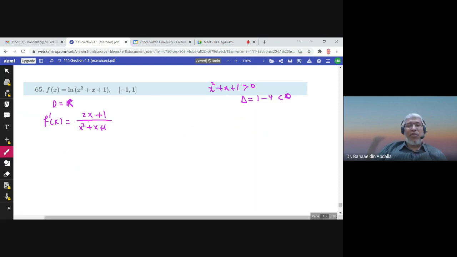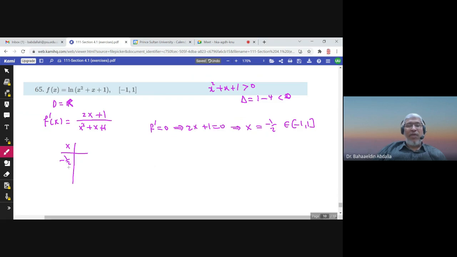I can see where it does not exist, the zeros of the denominator, but there are no zeros of the denominator. It has no real zeros. But f prime can be 0 if the numerator is 0, which means if x is negative half. And negative half is between negative 1 and 1. So this is the only critical number.